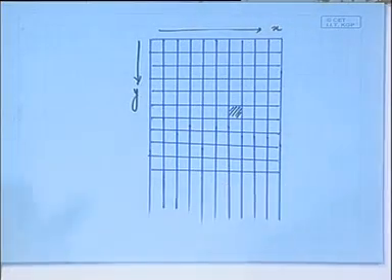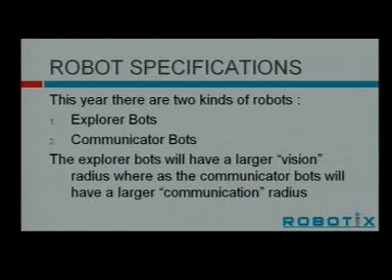So what's new this year? This year we have two kinds of robots. Usually we have one, this year we have two. We have an explorer robot and we have a communicator robot. Now the difference between the two is, as is quite visible from the name itself, an explorer robot will have a larger vision radius. It will be able to see far and wide as compared to a communicator robot.